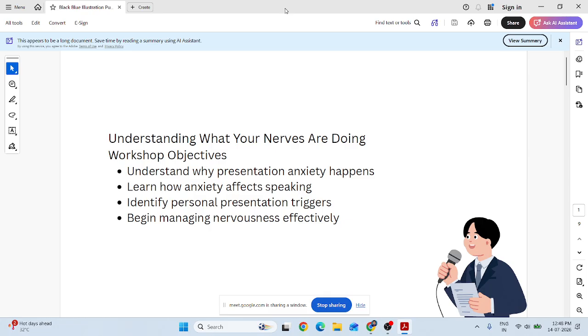That's why your heart beats faster to send more blood through your body. Your breathing may become shorter and quicker. Sometimes your muscles may tighten and your attention may narrow as your brain searches for signs of danger. This response is useful when you need to escape a physical threat. It is less useful when the threat is a classroom presentation.